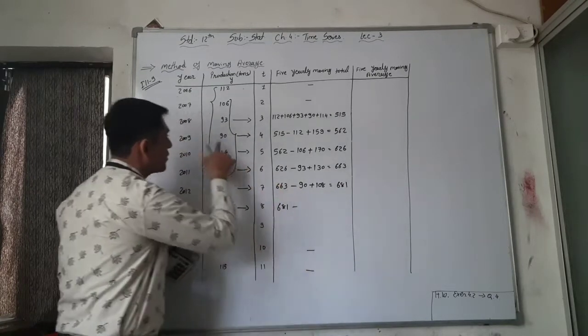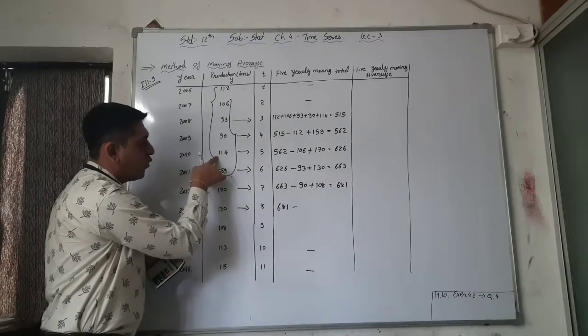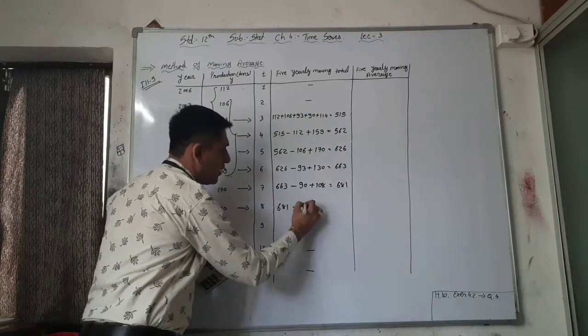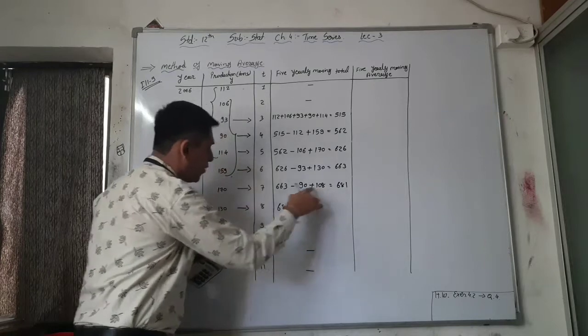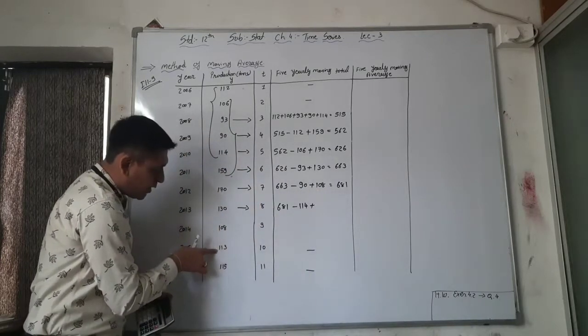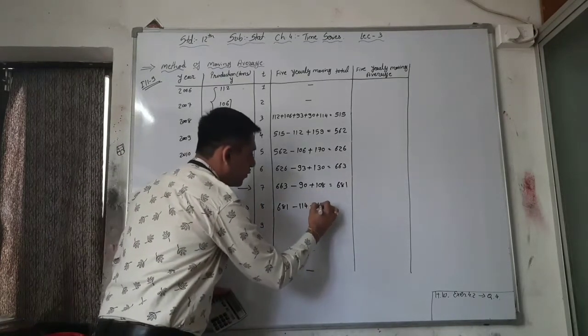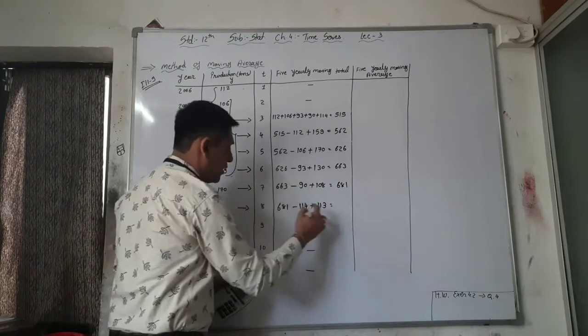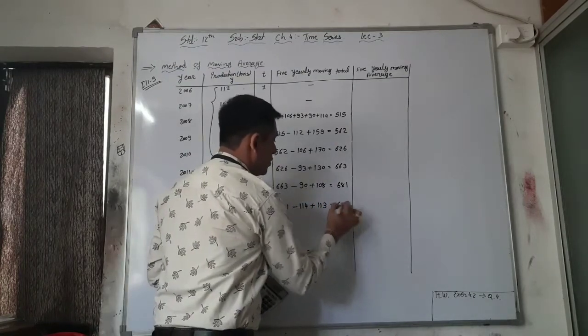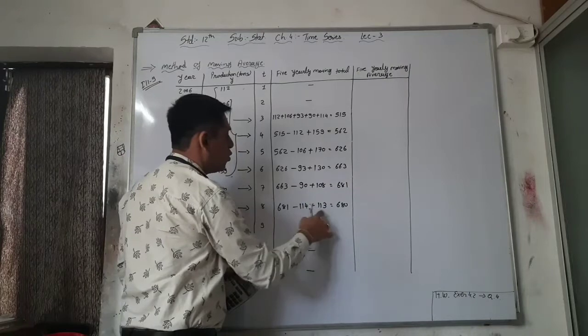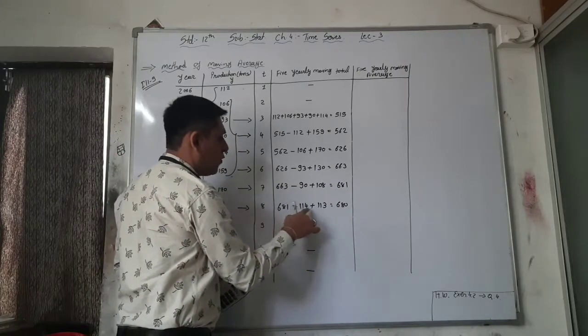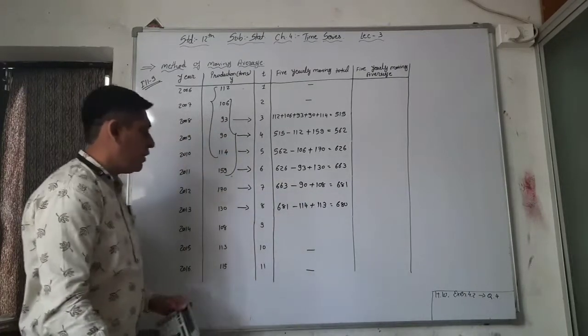Here we have to write 681 minus, after 90 which one? 114. So we have to subtract 114, and after 108 we have to add 113. So the answer is 680.